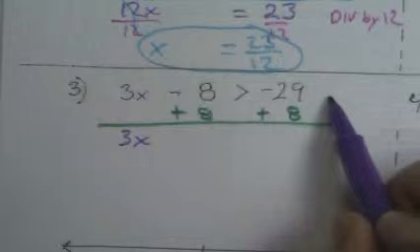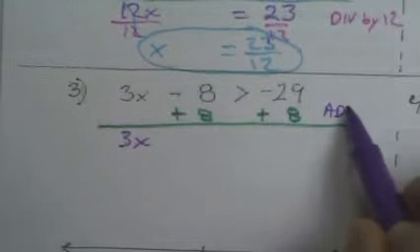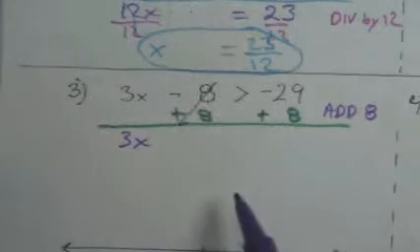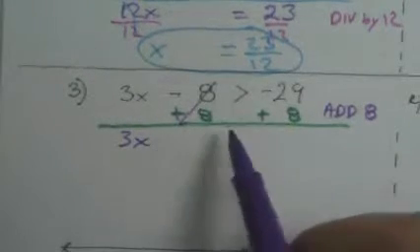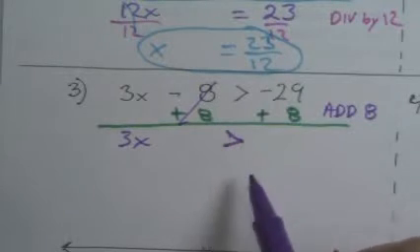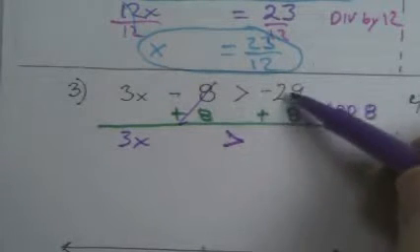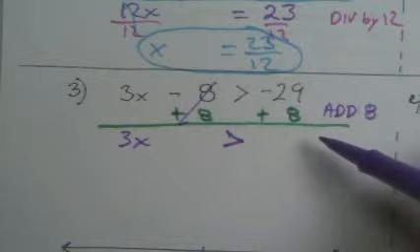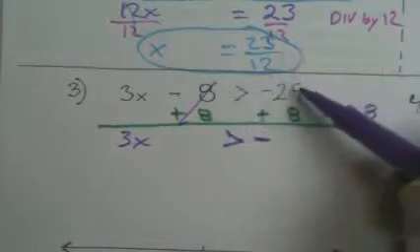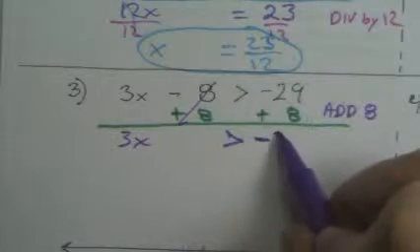Now I'm going to write that over here that I added 8. That's gone. And I didn't divide or multiply by negative, so my arrow is going to stay the same. And now these are different signs, so you have to subtract them. The answer is going to be negative because there's more negative. But you just subtract it, and that's going to give me 21.